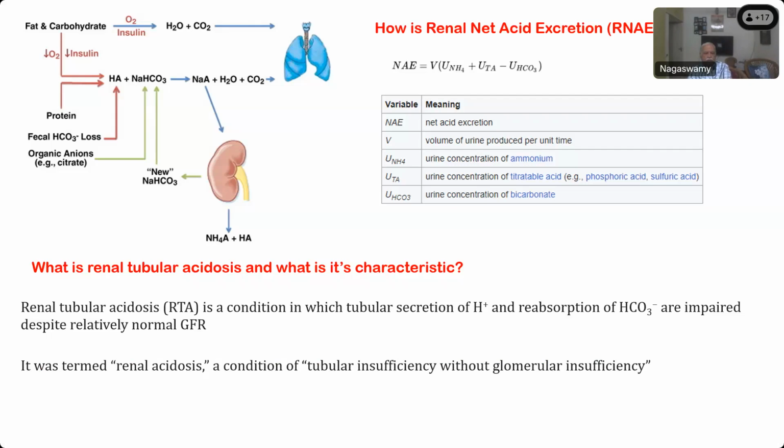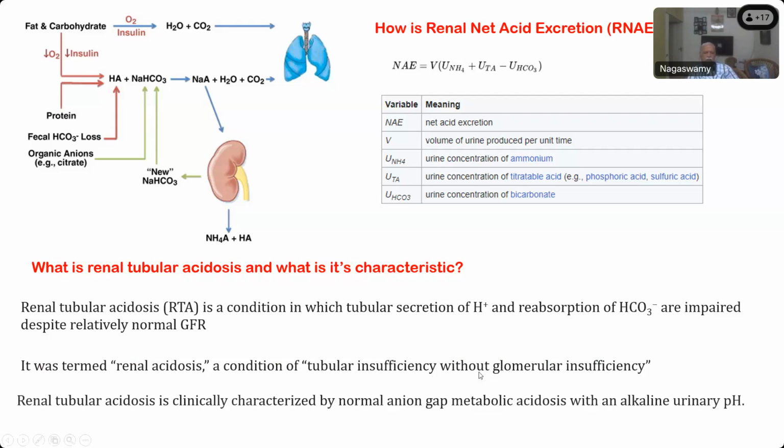It is also called tubular insufficiency with glomerular sufficiency. That means the glomerular filtration and flow are normal, but tubular function is affected. It is characterized by normal anion gap metabolic acidosis with an alkaline urinary pH.